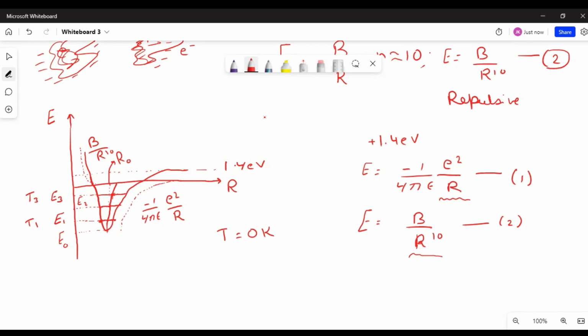How much a material will change its dimension depends upon the shape of this curve. The more asymmetric this curve is, the more thermal expansion it will have.